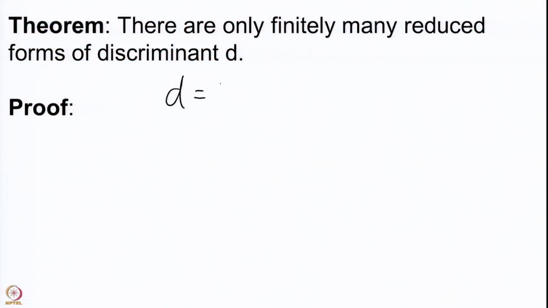That is a very interesting proof and rather a simple proof. So, what we have is D, which is B square minus 4AC, is fixed.